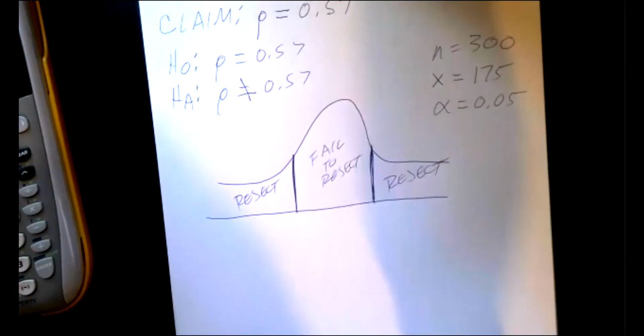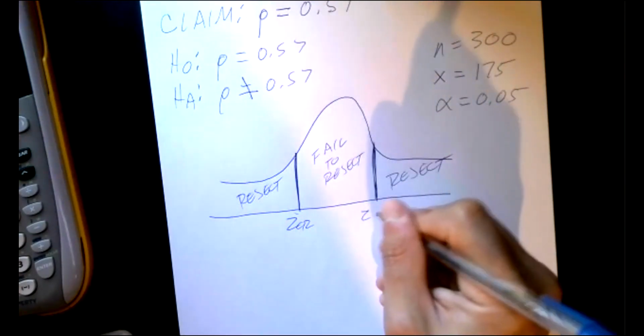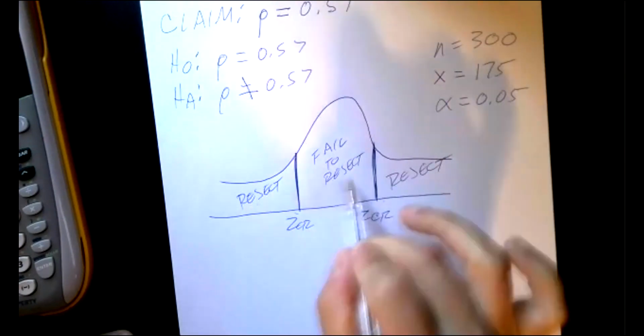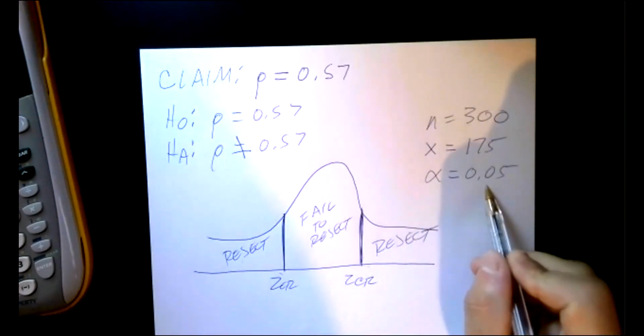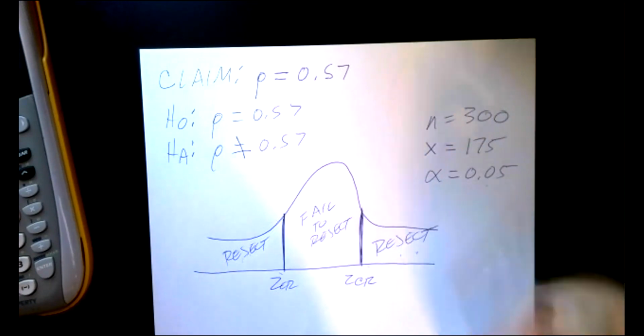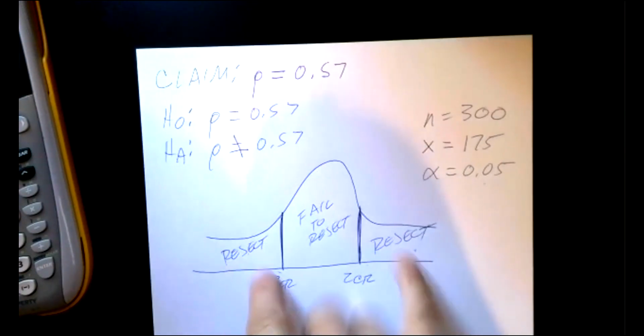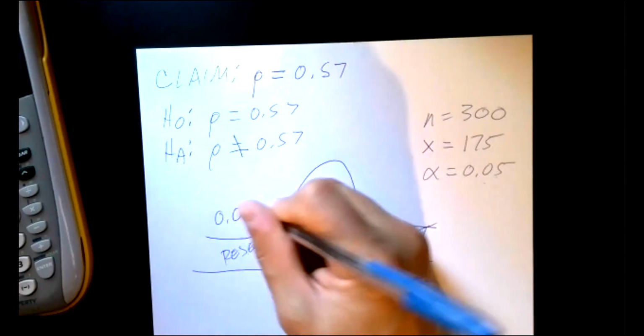Okay, we're going to have two z critical values which separate reject from fail to reject. Now we have to be careful here because the alpha value is the area in the tails, 0.05. We have to split that equally two ways. So we divide that by 2 to get 0.025.